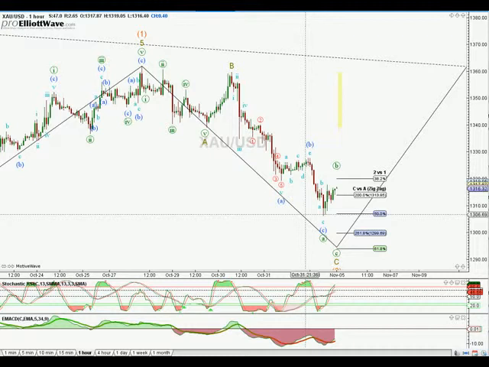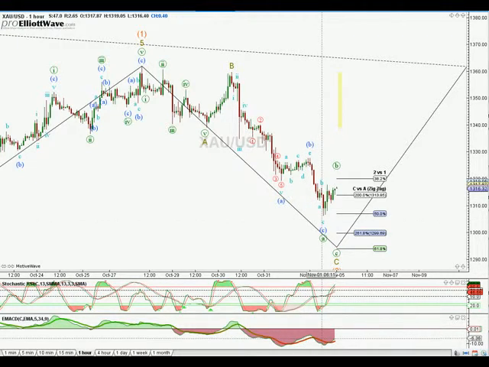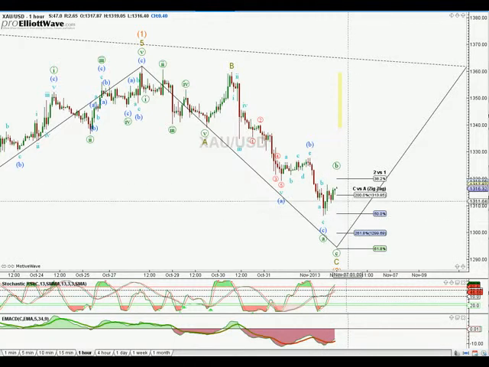So I would always look at the 15-minute and hourly charts with much more caution, and exercise extreme caution again to make sure that you're working on the right wave count, and make sure that you get validation with your technical analysis. And these wave counts can change at any moment.